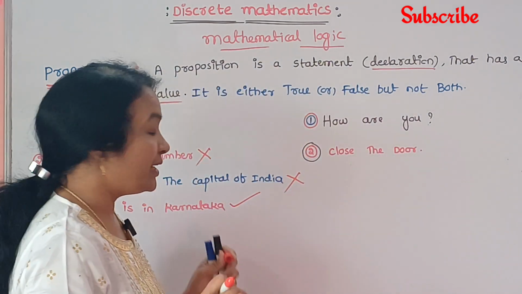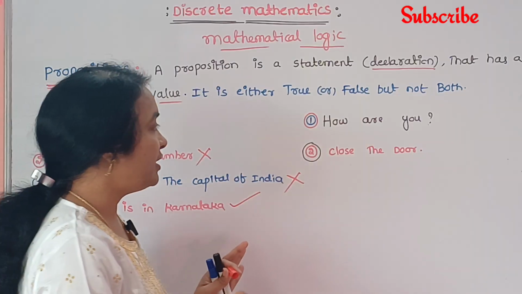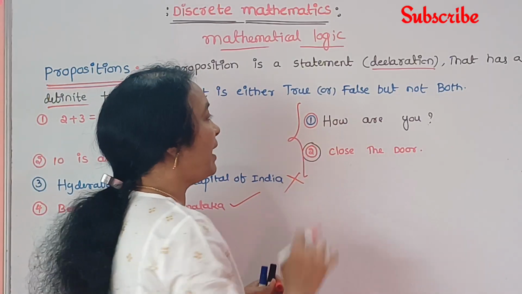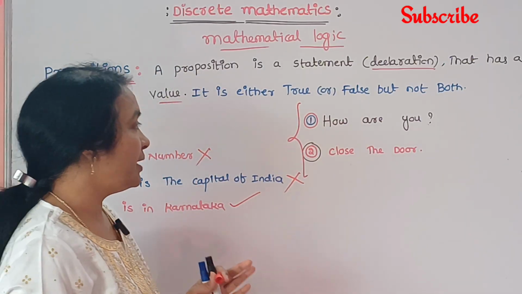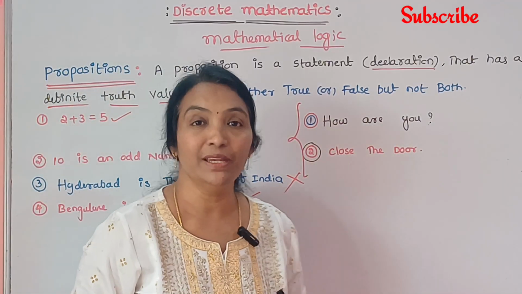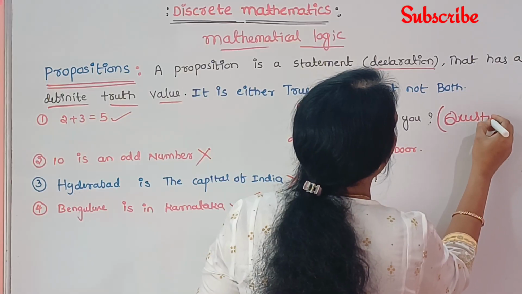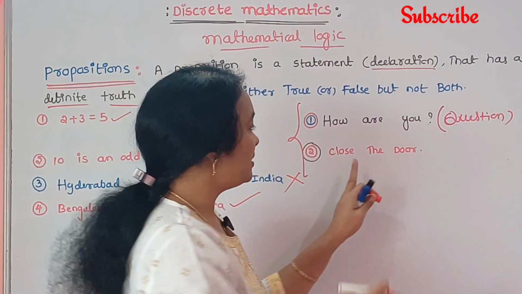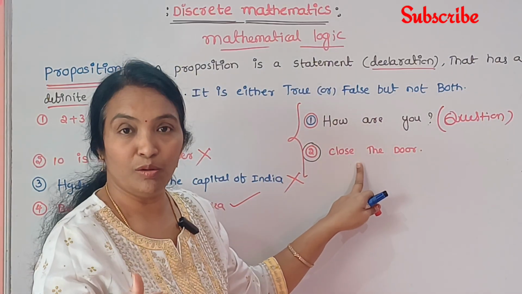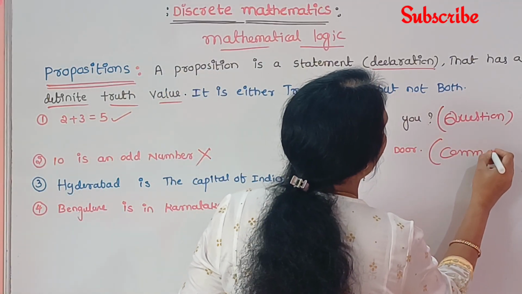Once you understand the proposition, connectives are very easy to solve. Now let me know whether these two are propositions. Tell me, how are you? How are you is a question. And what about the second one? Close the door. Close the door is an order or command, right?